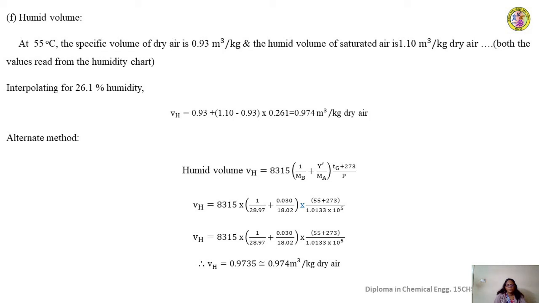After performing the calculation, the humid volume is obtained as 0.9735, which we can round off to 0.974 meter cube per kg dry air. This is the same as the volume obtained by the earlier method, 0.974 meter cube per kg dry air.